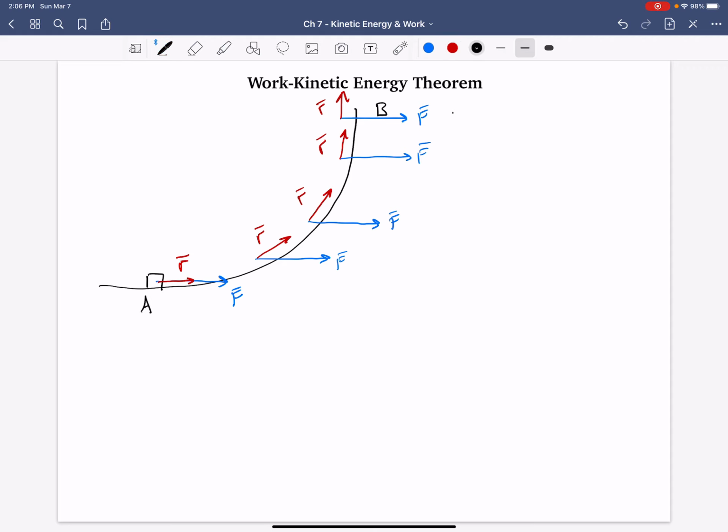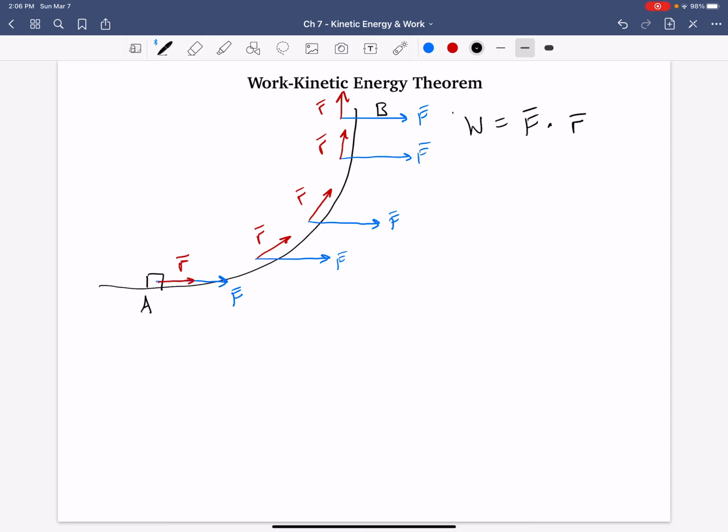Let's take a little closer look. Previously in this chapter, we've defined work as basically a force times a distance. And I've written it as D in this case. I'm going to write it as R because you'll see in a second I don't want to keep using the variable D. So a force times a distance.